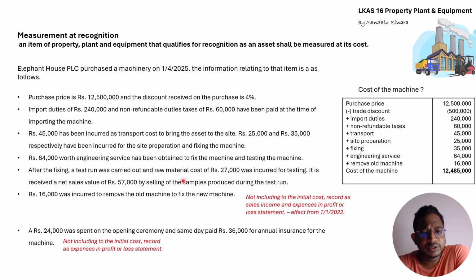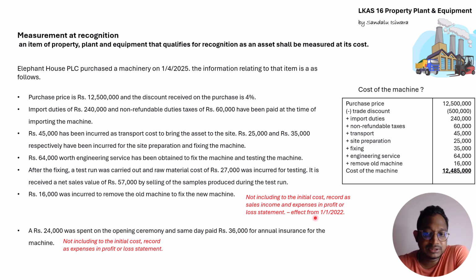Before 2022, we should consider the net amount of these and should minus it when you're finding the cost, which means here you are getting the net sales 57,000 and the raw material cost 27,000, right? So the net cash inflow is 30,000. That 30,000 you should minus when you're finding the cost of the machine.